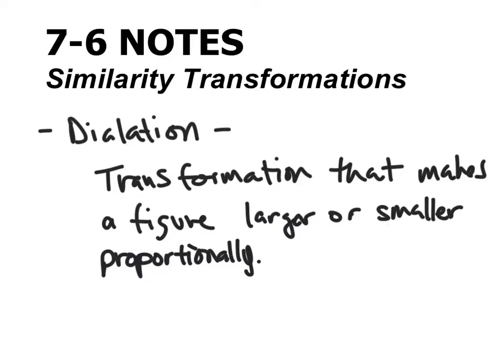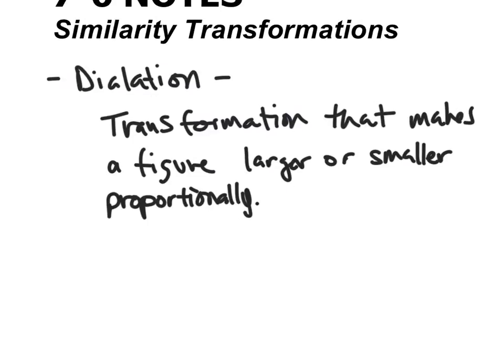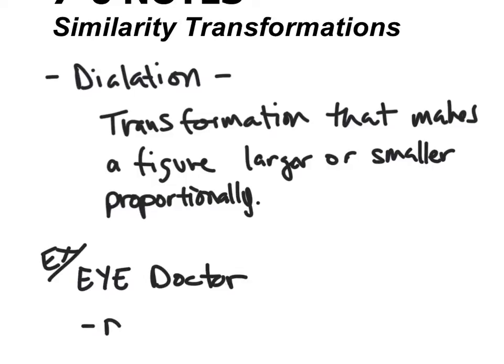The example that you're probably most familiar with is at the eye doctor. The eye doctor will dilate your eyes because they want to look into the black part of the eye and check for certain things that are going on with your eyes.